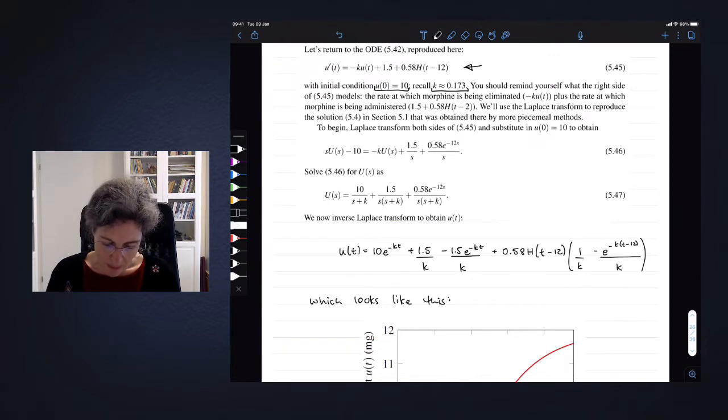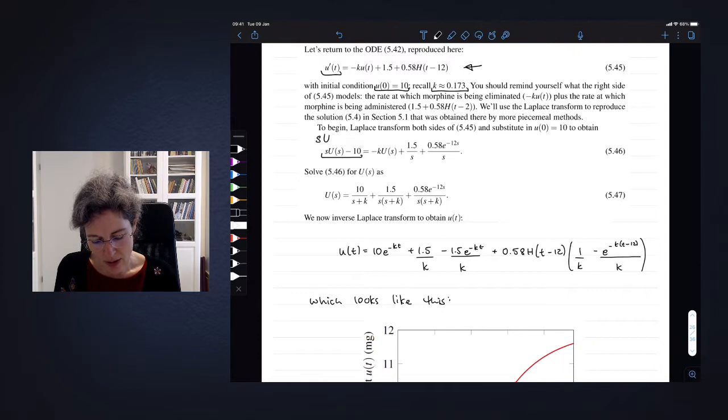Okay, so we do what we've been doing all along, so we take the Laplace transform of both sides. If we look at the left hand side, remember our Laplace transform of the derivative function is s U(s) minus u(0), so that's where this 10 comes from. And then on the right hand side we've got the Laplace transform of minus k times u, which is just this term over here.